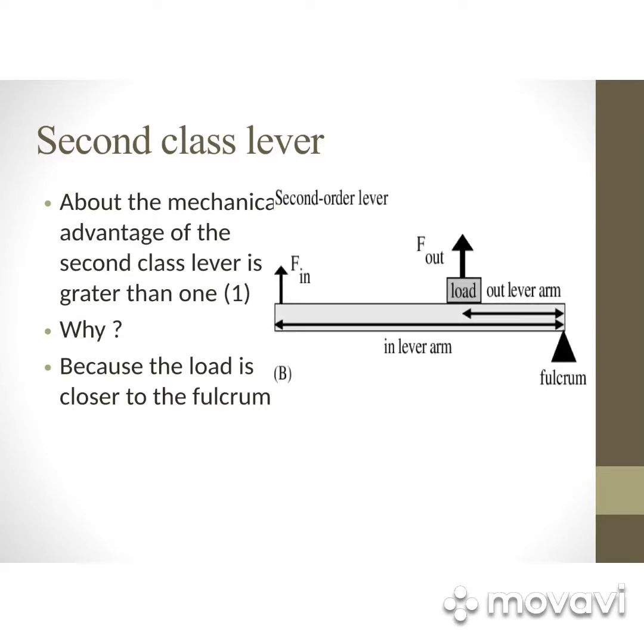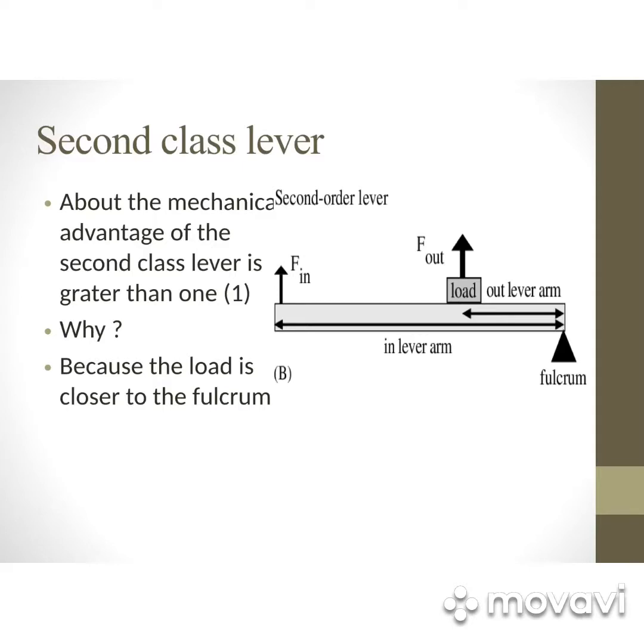Okay, second class levers, mechanical advantage. If you want to talk about the mechanical advantage of the second class levers, you will have to talk about the location of the load and the location of the fulcrum. Since the load is very close to the fulcrum, the mechanical advantage is greater than 1. Why?